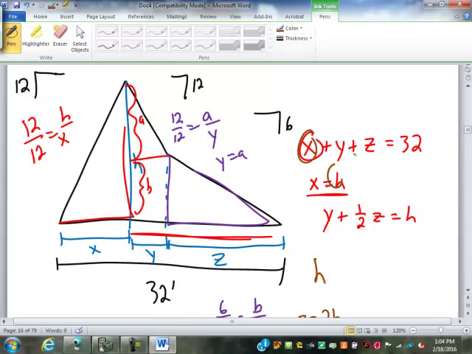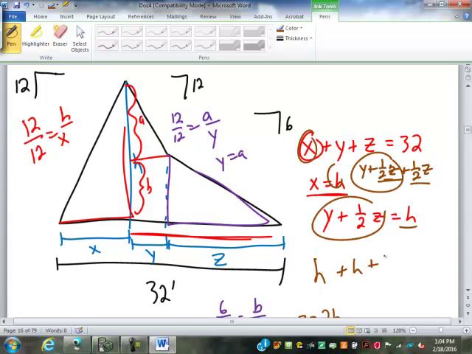I can split this up into Y plus 1 half Z plus 1 half Z, right? I split the Z into 2 halves, because Y plus 1 half Z equals H. I replaced this with H, but I still have 1 half Z there that's unaccounted for. So what I got is 2H plus 1 half Z equals 32. I can never get rid of that 1 half Z. It's kind of stuck there.